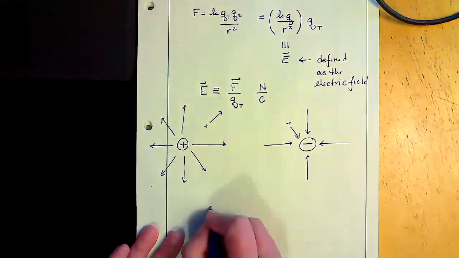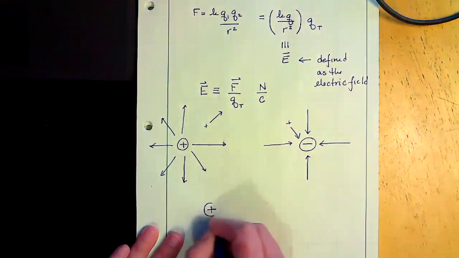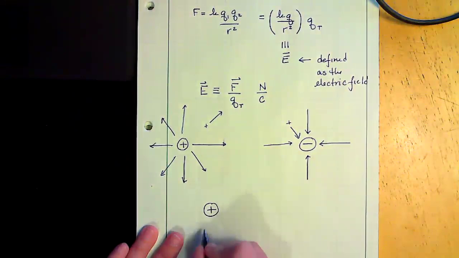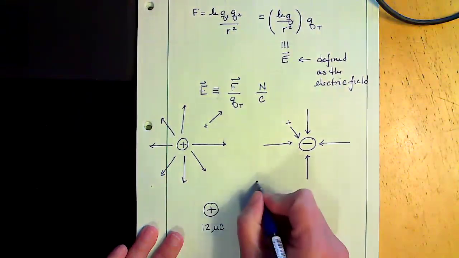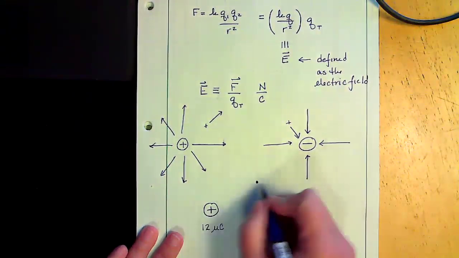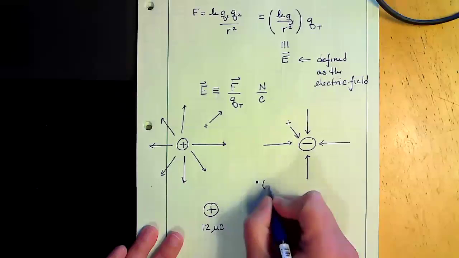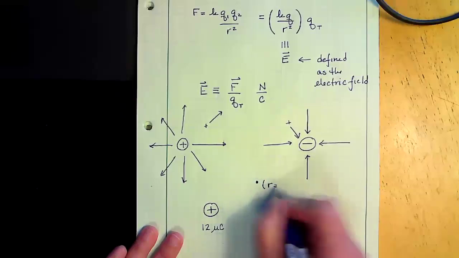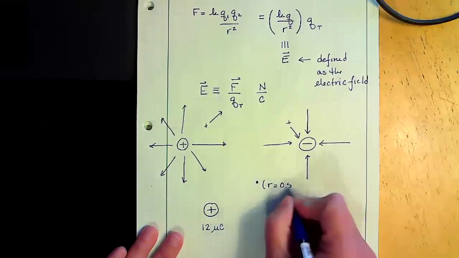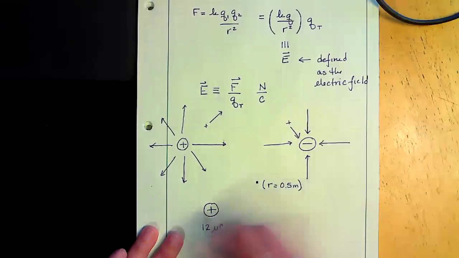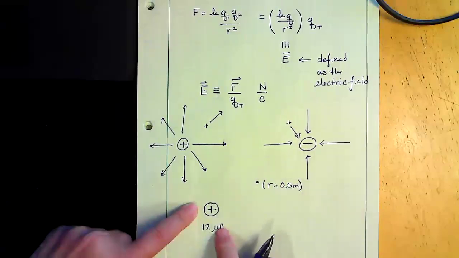So if I have a charge here, we're going to give ourselves a charge, and we're going to say that this is a 12 microcoulomb charge. We want to know what the electric field is at this point. That is, R is equal to 0.5 meters away from this charge distribution.